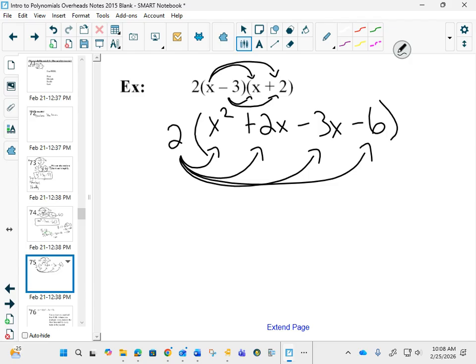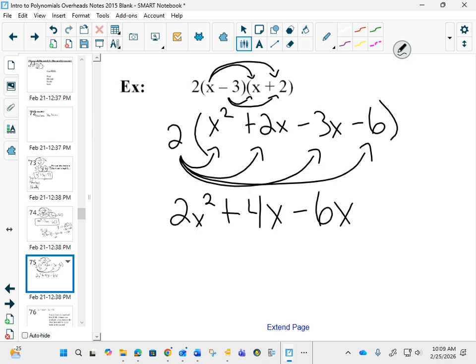So I've got positive 2 times positive x squared, 2x squared. I have a positive 2 times positive 2x, 4x. I have a positive 2 times a negative 3x. Positive times a negative, negative 2 times 3x.